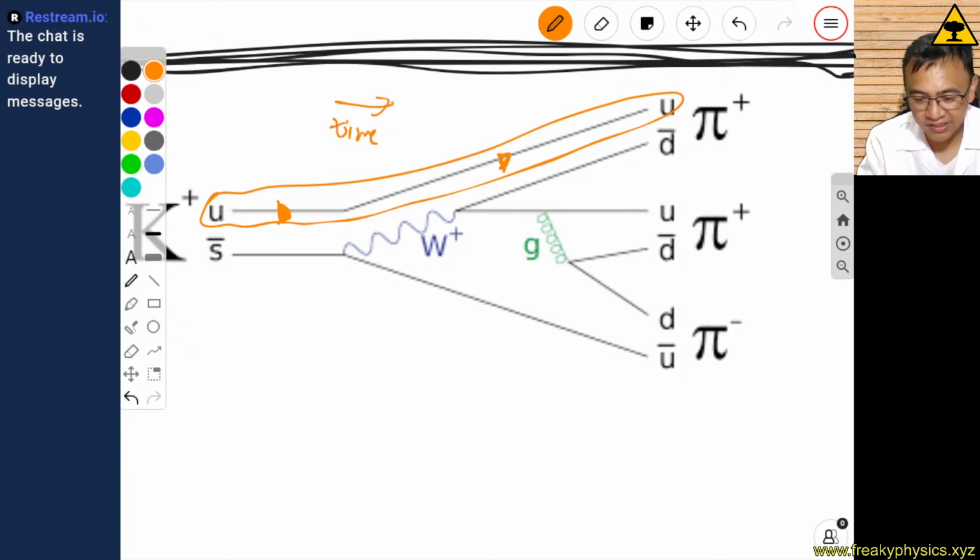Since this is a strange quark, it must be pointing to the left like so.